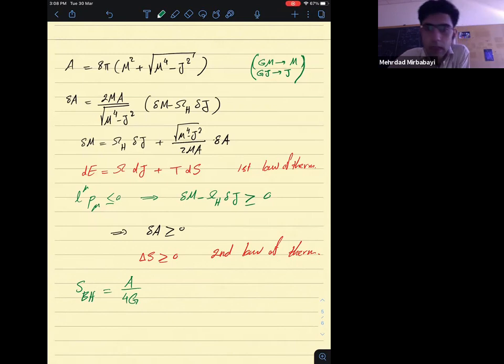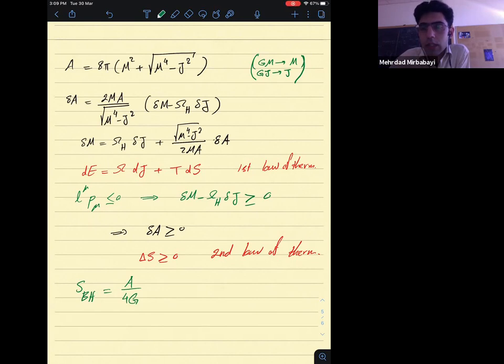Well, one other way that I know of, which perhaps was first done by Gibbons and Hawking, was by calculating the partition function.